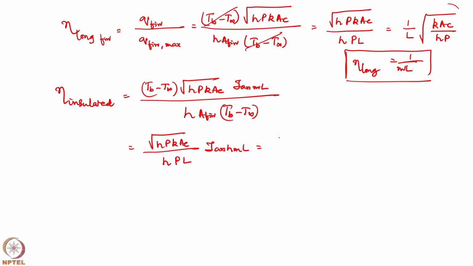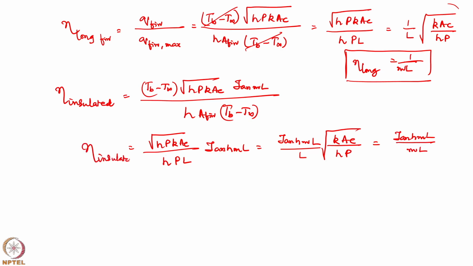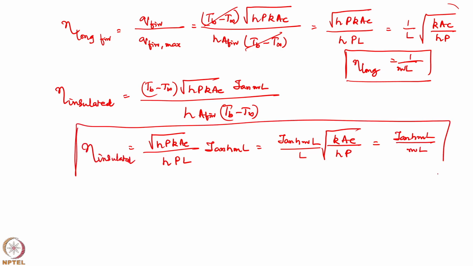So, you get tan hyperbolic ML by L into the square root of KAC by HP, which is nothing but tan hyperbolic ML divided by ML. This is the efficiency of the insulated case.